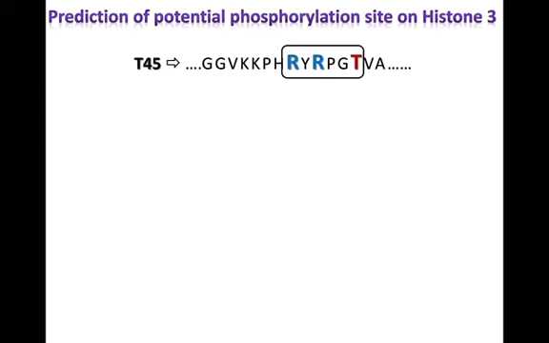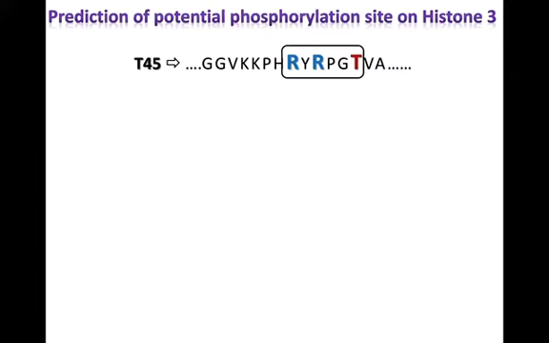So let's start first with some bioinformatics. Initially, if you wanted to experiment with epigenetics and post-translational modification, you need to predict first bioinformatically if there is a site for the phosphorylation or not.